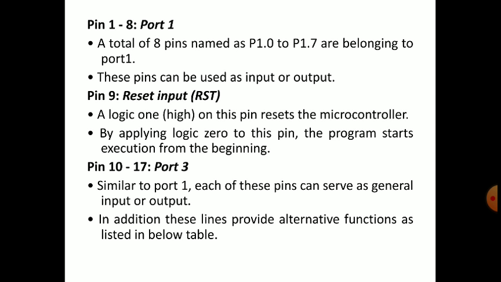These pins can be used as input or output. In the earlier lectures we have defined these ports as IO pins. Port 0, port 1, port 2 and port 3 have pins which are IO pins, that means input or output pins.